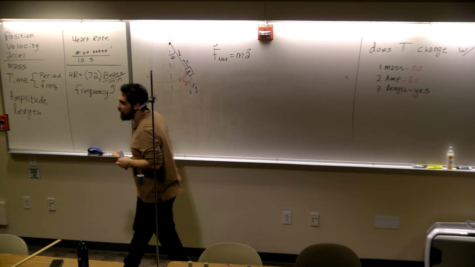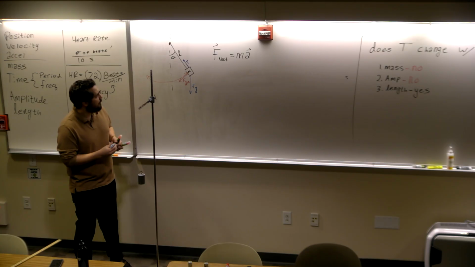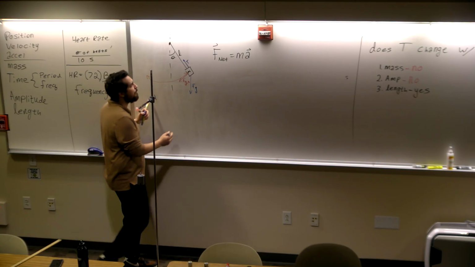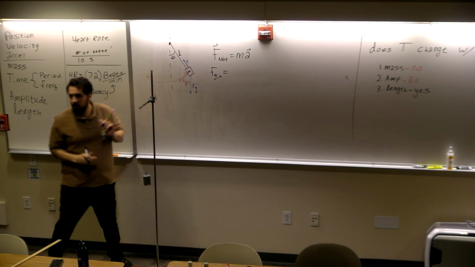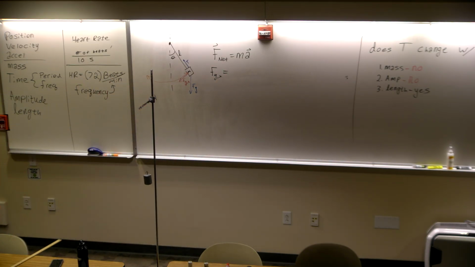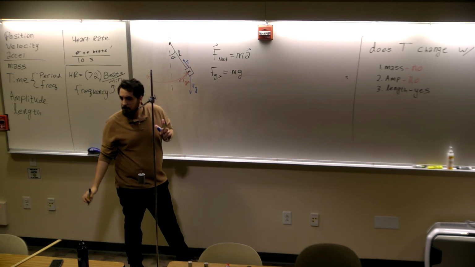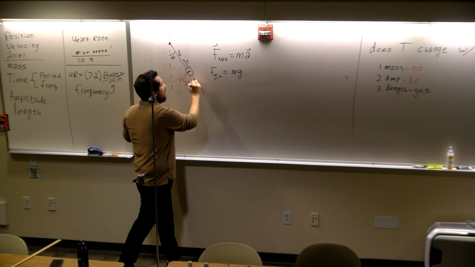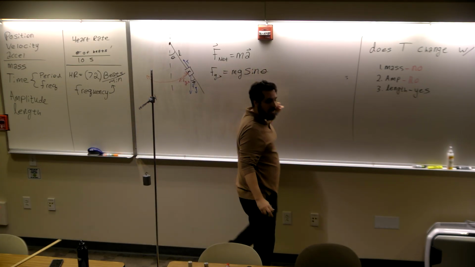I'm going to call that Fg,x. Not because x means horizontal or vertical, but x is in the direction of motion. If we play out our angles a little bit, what we would see is that the portion of force in the direction of motion is going to be the force of gravity times the sine of the angle theta at that moment.